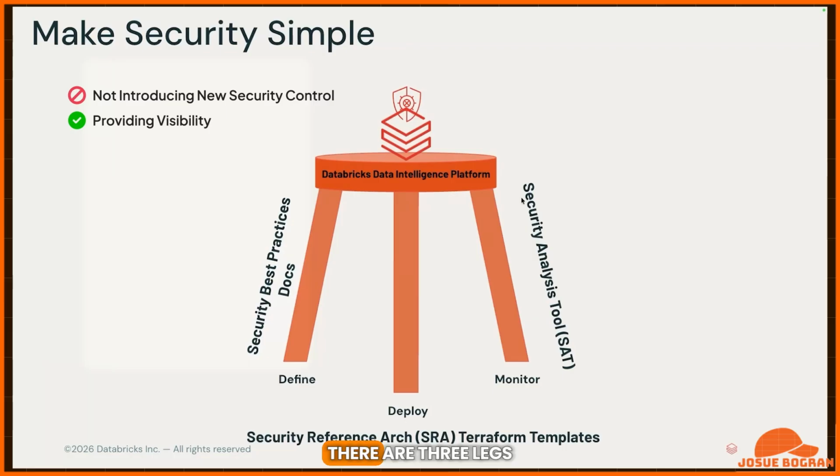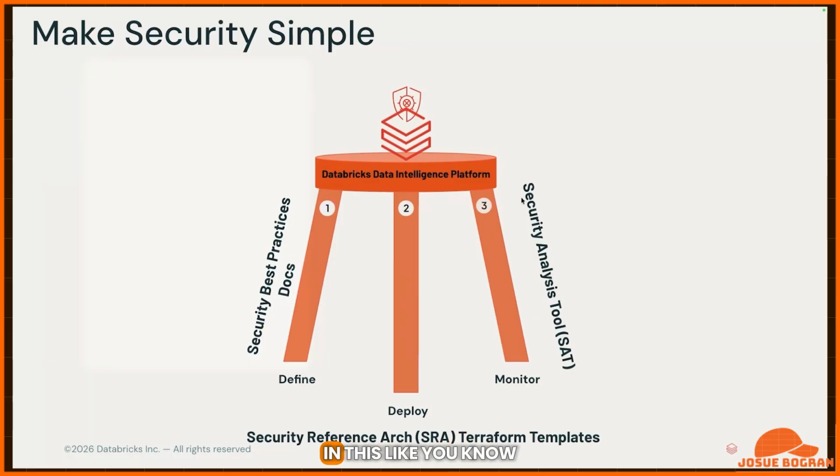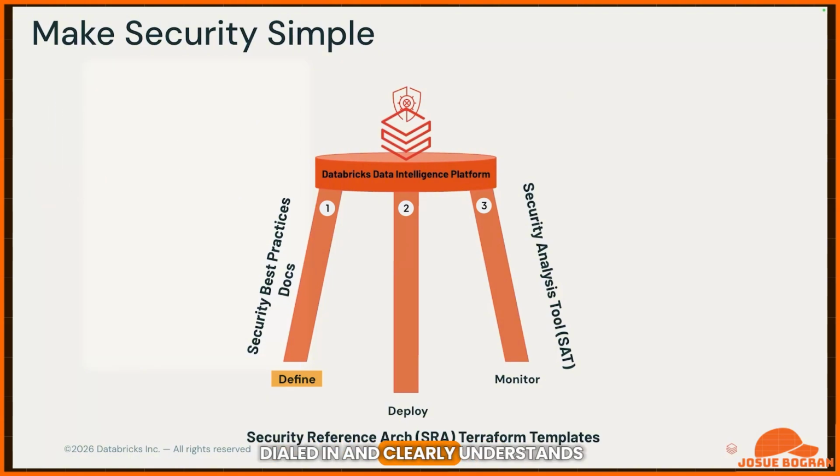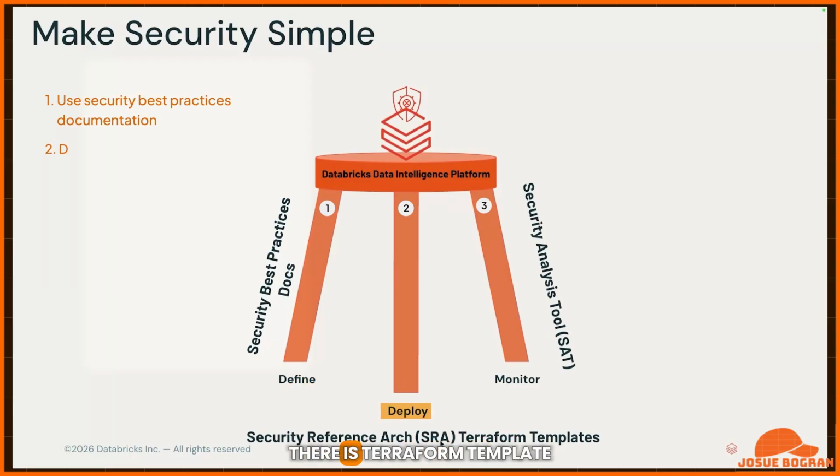So there are three legs to this tool, this poor man's tool that I have here. The first is the define process. For the define process, you're going to use the security best practices docs that I showed you on the web page. Once you have that white paper, your team is fully dialed in and clearly understands what the security best practices are that I should be following. And then I briefly introduced you to the Terraform template.